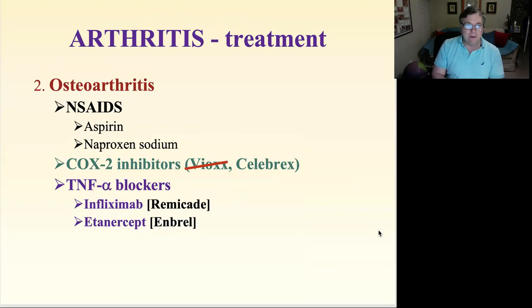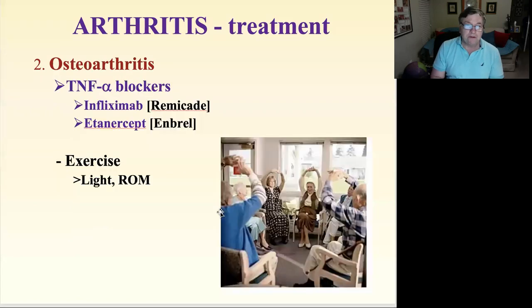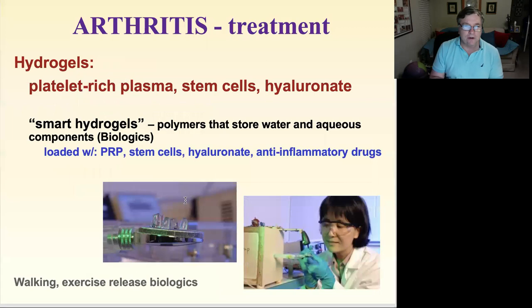Non-steroidal anti-inflammatory drugs are often taken. And because things like Enbrel and Remicade have worked relatively well with rheumatoid arthritis, we've tried them with osteoarthritis, and they've worked pretty well, especially when you combine them again with exercise. Light intensity, range of motion, have fun with it. Stretching exercises are also important.